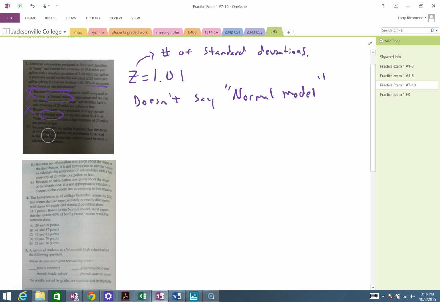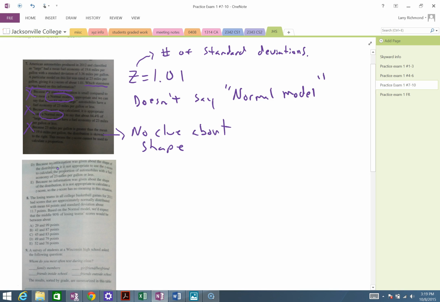Well, not only does it not say normal, it doesn't give us anything about the shape. No clue about shape. We don't know the mean. We don't know the median, so we cannot compare it to the mean. We can make no judgments about the shape of this distribution.